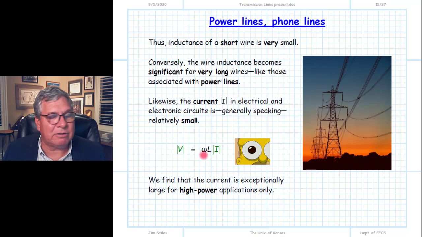Now, omega for power transmission is relatively small. 60 hertz times 2 pi is a small number, but it's not zero. And so what we find is the induced voltage, when we're talking about power transmission, can be a big problem, something that we have to consider mathematically when we analyze those systems because of the relatively high current and certainly large inductance associated with transmission line cables.